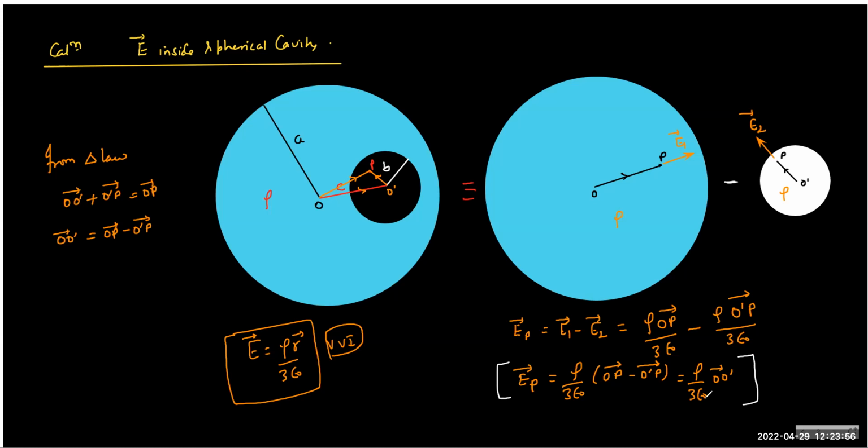Now if I create a concentric cavity, then OO dash becomes 0, then the field will be 0. So now you realize why only a concentric cavity can create the 0 field. The cavity which is not concentric cannot create 0 field.